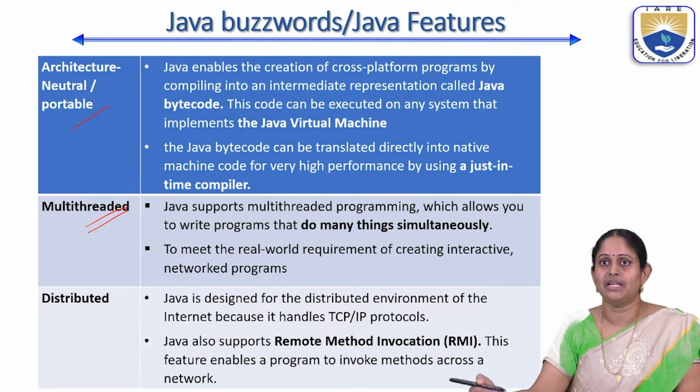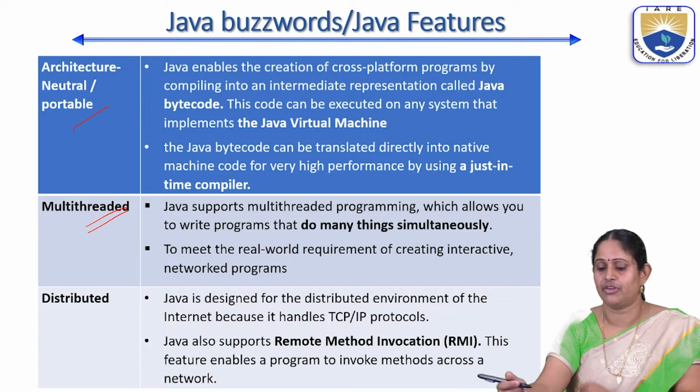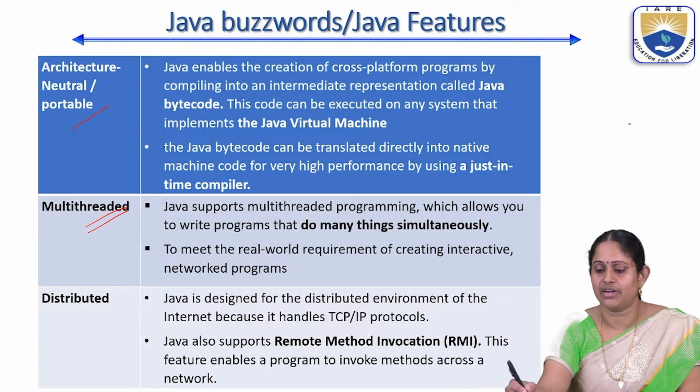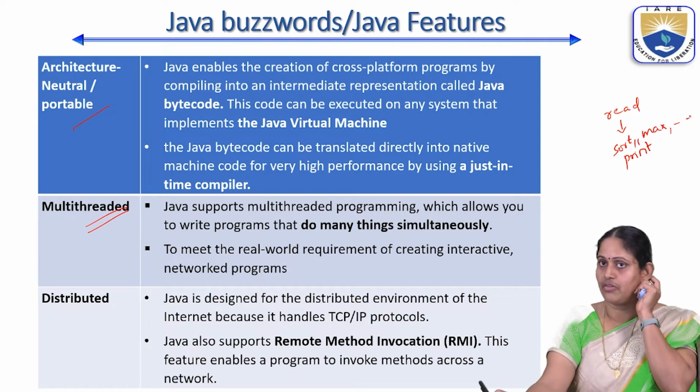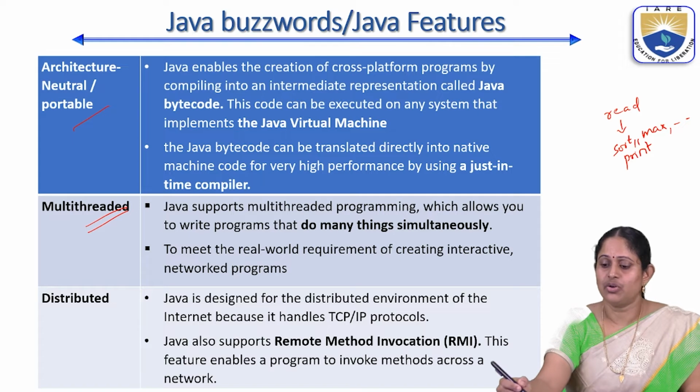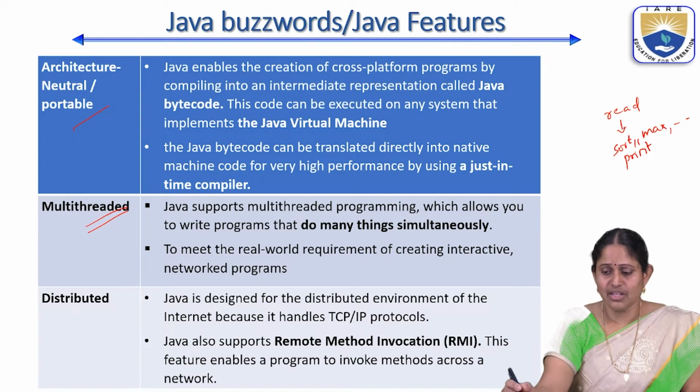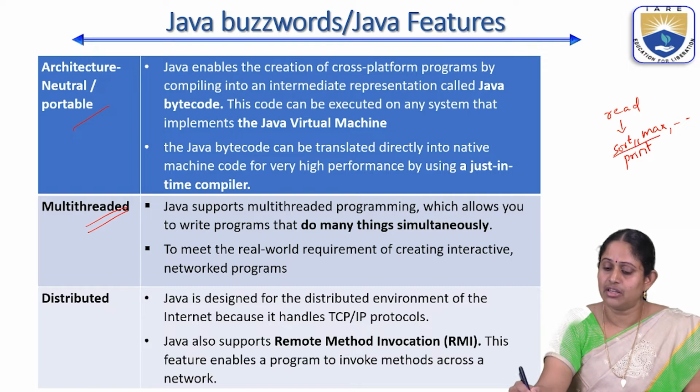Now, another feature is multi-threading, wherein it allows the user to run multiple tasks at the same time. For example, let's say we have a program to read an array. After reading the array, we have to sort it, print it, then find the max of the array. We have three or four tasks to be done. If you are using traditional languages like C, they are linear: after performing one method, you can go for the other.